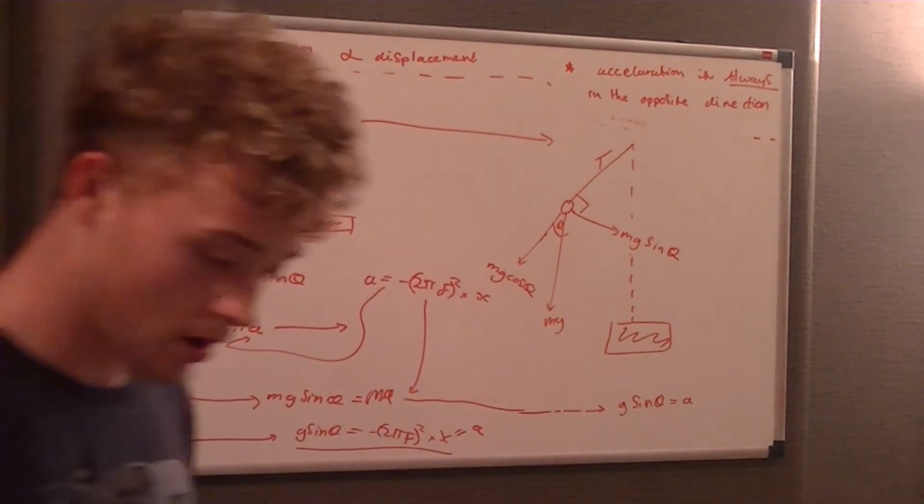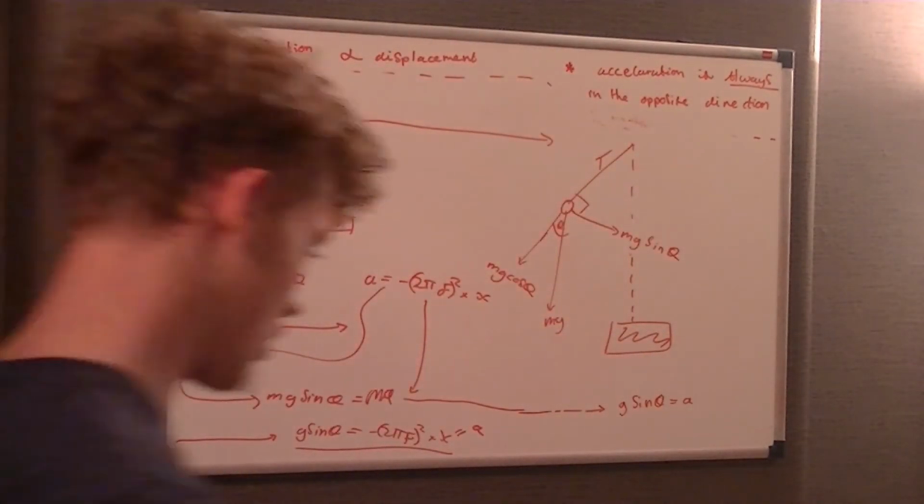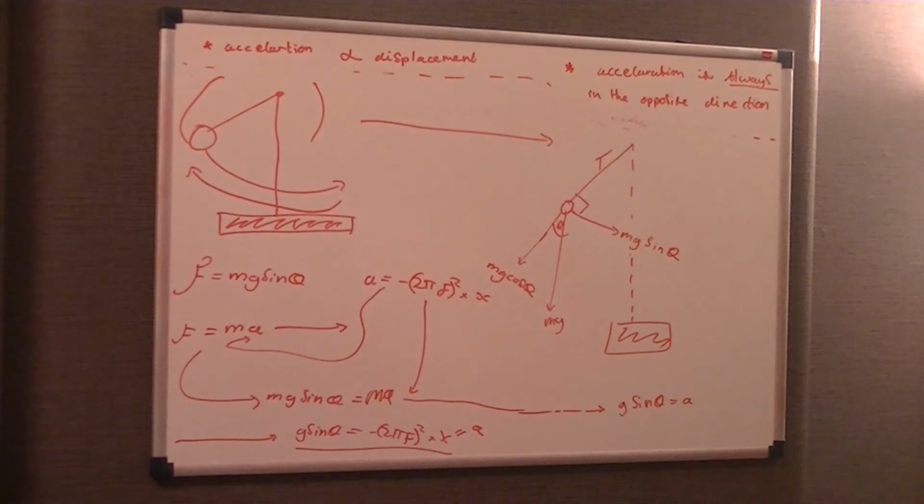So that's the main part of simple harmonic motion covered, really. There's much more to that. Yeah, so hopefully you get that. All we've done there is used our mg sin theta and put it in our a equation.